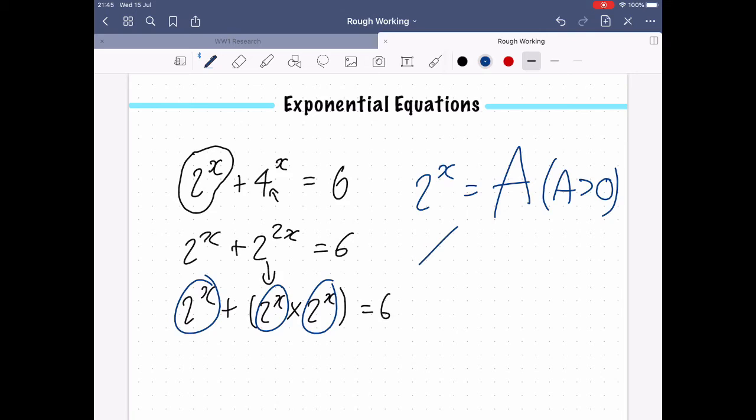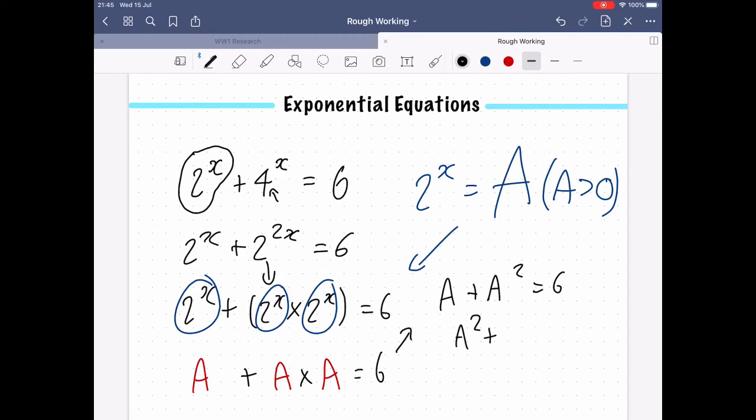So now if we plug A back into this, what we would get would be A plus A times A equals 6, which would go to A plus A squared equals 6, A squared plus A, take away 6 to 0.